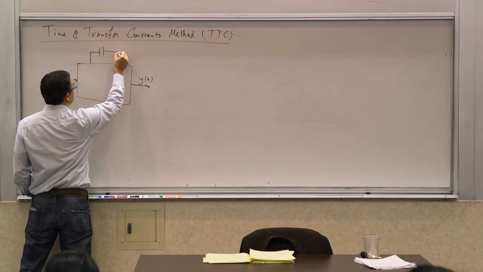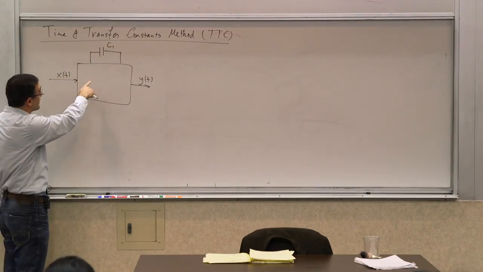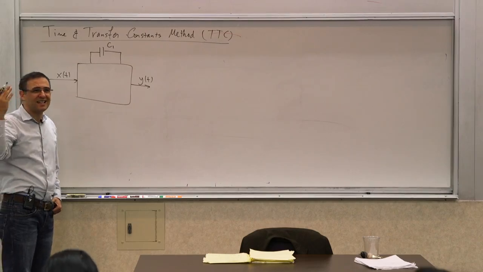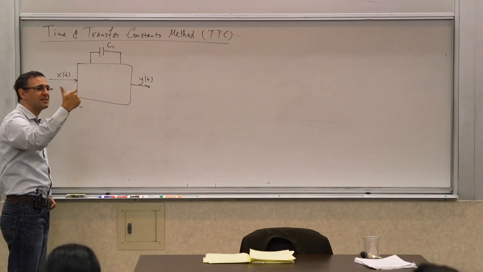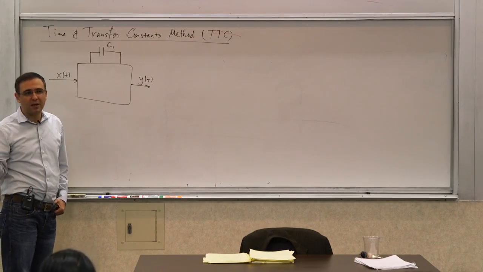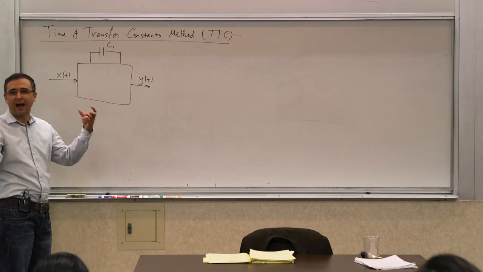Let's start with a case of capacitor. Let's call it C1. So if I take it outside this box, what's inside this box is purely resistive, and it consists of resistors, dependent sources, independent sources, all sorts of things, right? But it will not have any capacitors or inductors inside if I just take it out of the box.